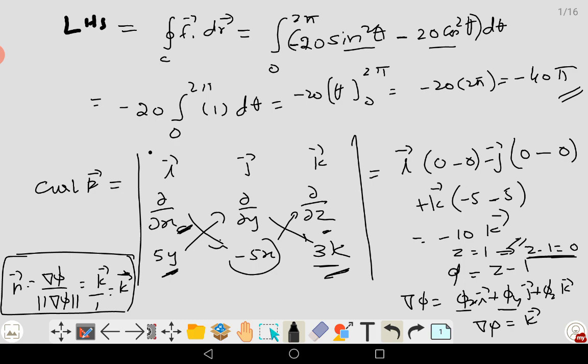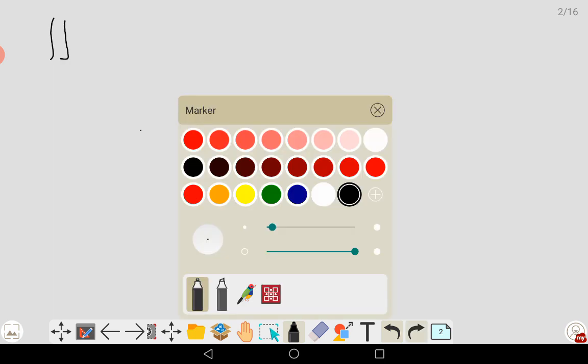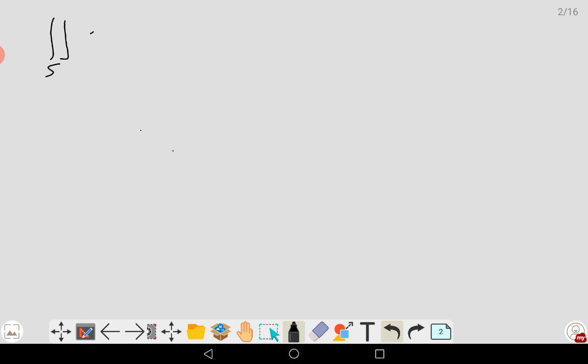Now we have curl F, which is negative 10 times k vector, isn't it? So go and substitute in this formula of Stokes theorem. Double integral over the surface S, we will write curl F vector dot n vector dS.